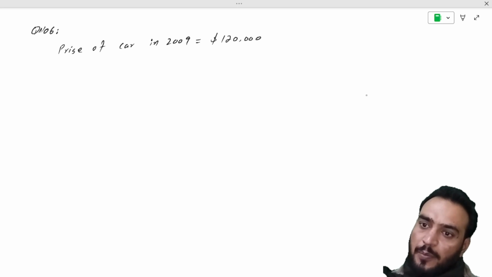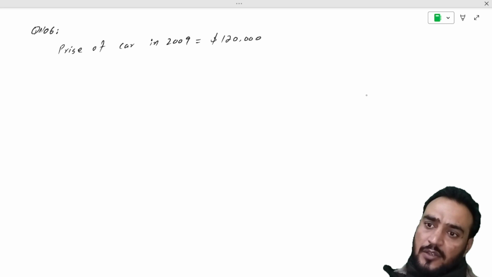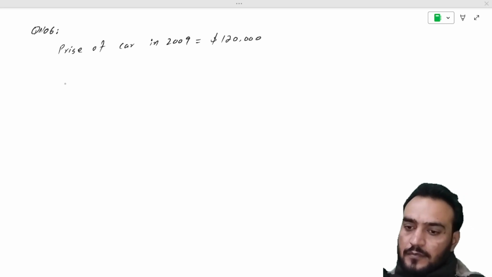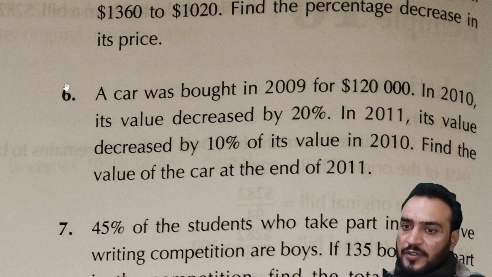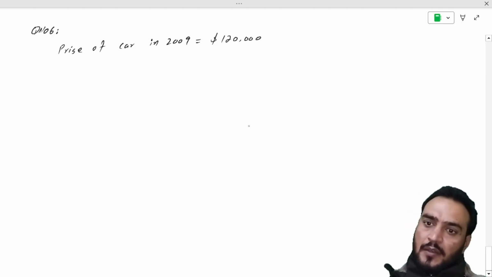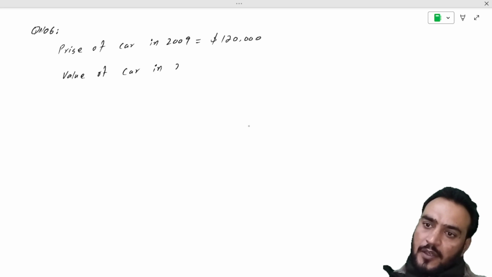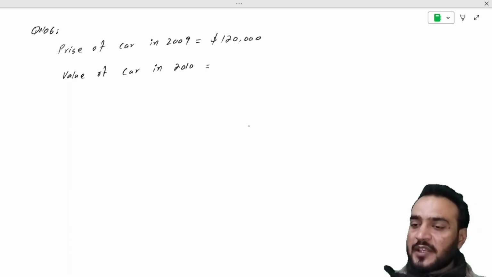This was the original price of the car in 2009. Now let us see, in 2010 its value decreased by 20%. So the value of car in 2010, its value is decreased by 20%.